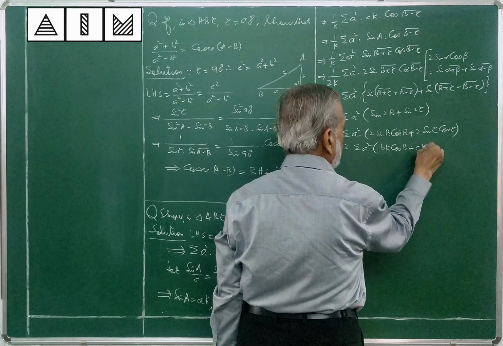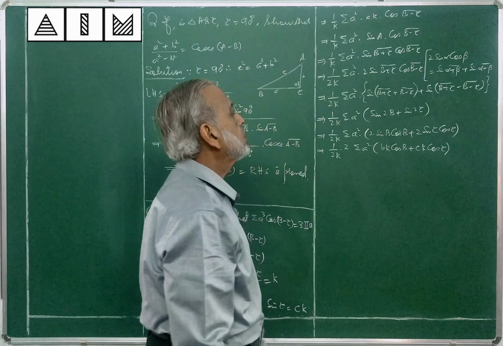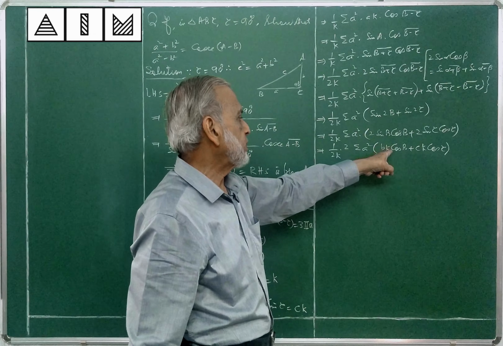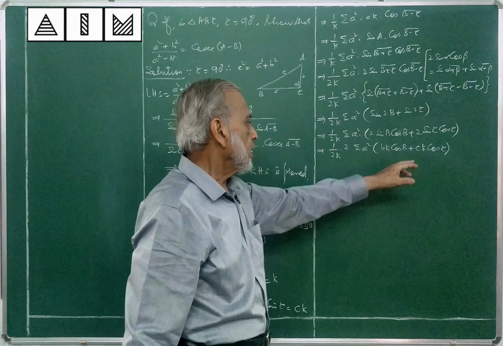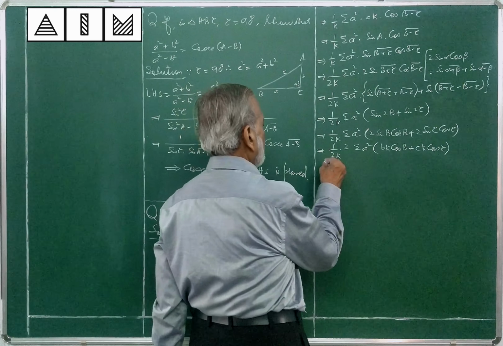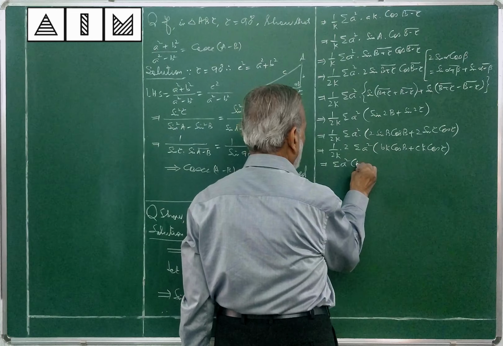Sin C is ck. Understand? 2 is common here, sigma a square, sin B is bk, sin C is ck. Now k also common, cancelling this k, 2 is already cancelled, so we now have sigma a square (b cos B plus c cos C).